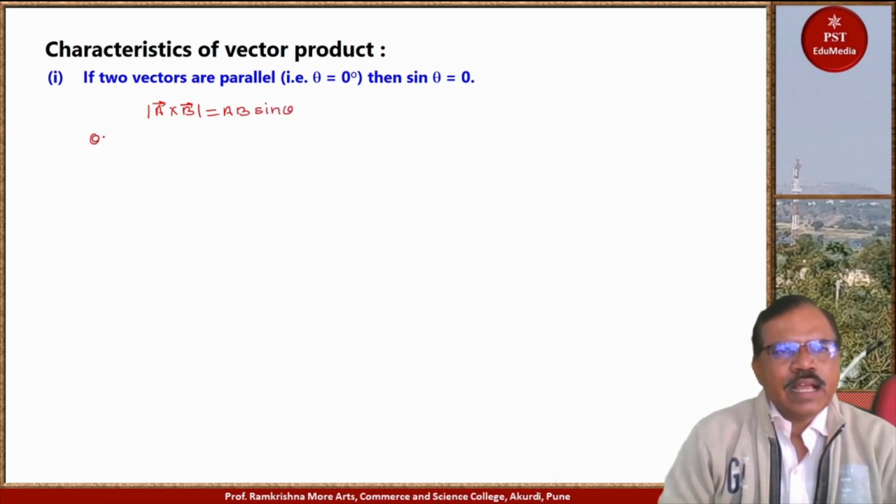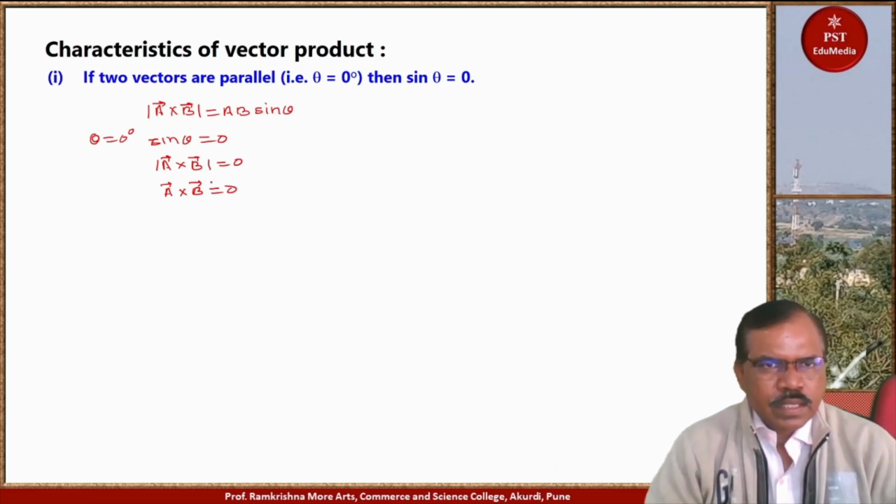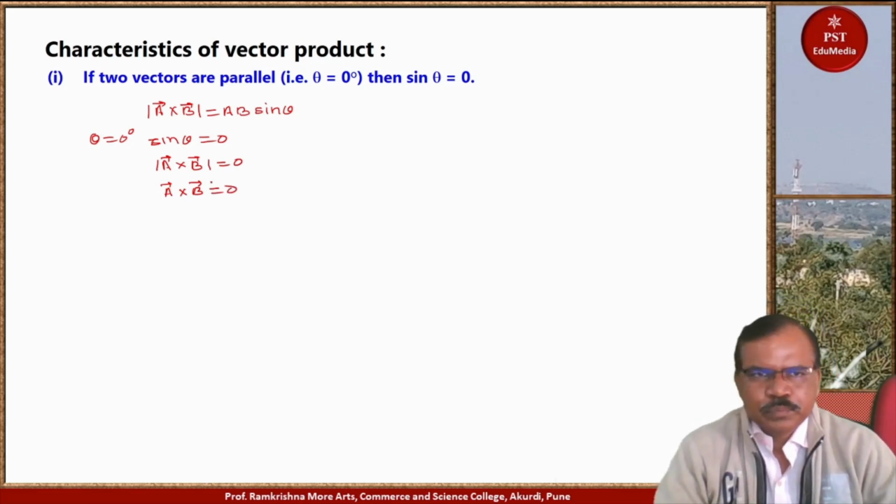When theta is equal to 0 degree, sin theta is equal to 0. So the magnitude of A cross B will be equal to 0. This gives you A cross B is equal to 0.